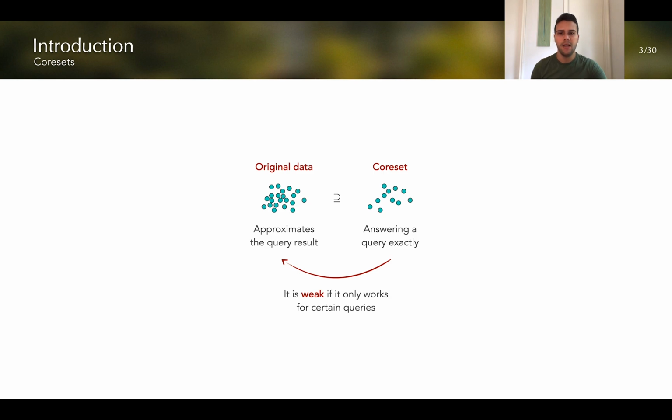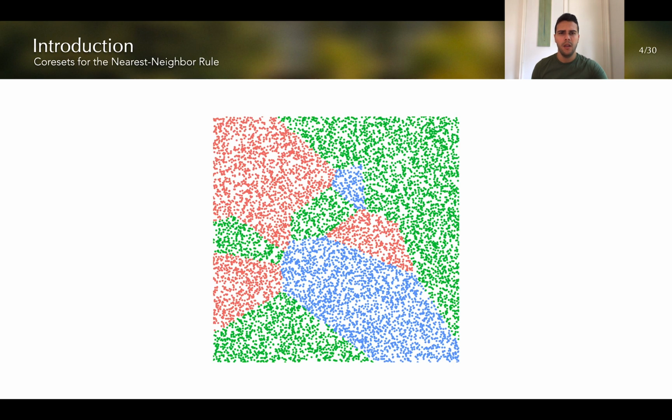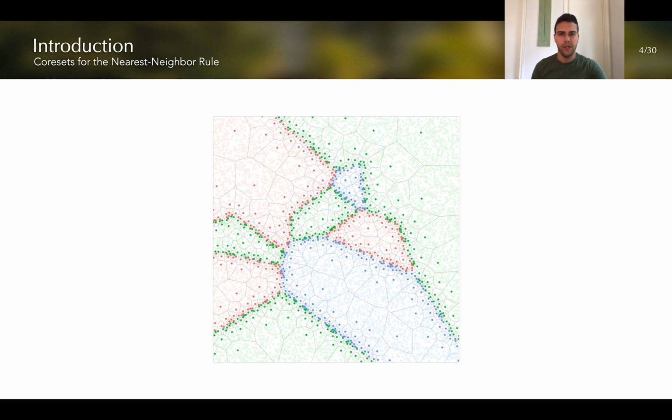We'll say that this coreset is weak if it only works for certain queries and not all the possible queries. In this context, we define a coreset for the nearest neighbor rule as a subset of the training set, such that for any query point, its nearest neighbor in the reduced set is either of the same class as in the original set or the class of one of its approximate nearest neighbors.